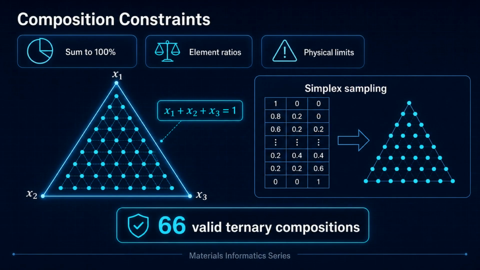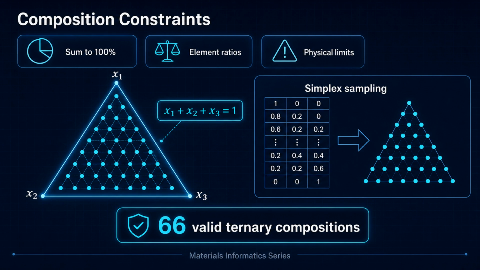In real materials design, you often face constraints. Compositions must sum to 100%, certain element ratios must be maintained for phase stability, and some combinations are simply physically impossible. The key is to pre-filter your candidate space to only include valid compositions.